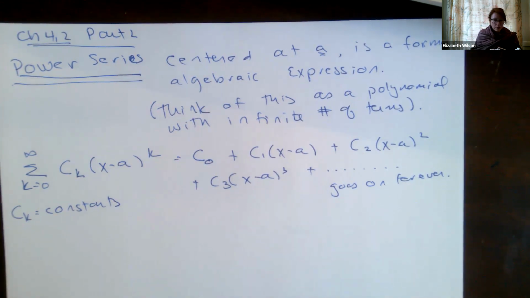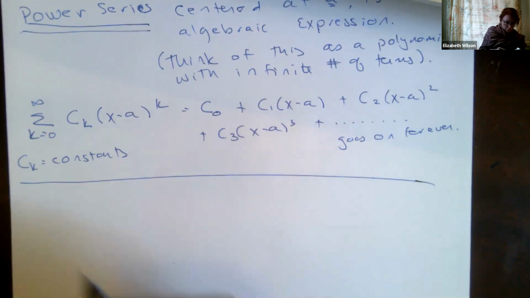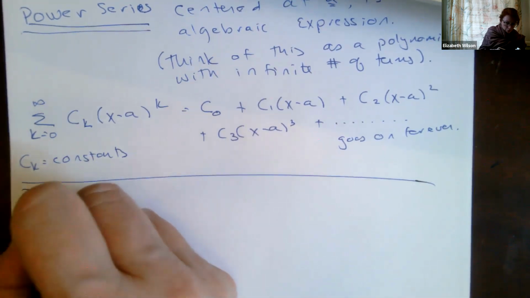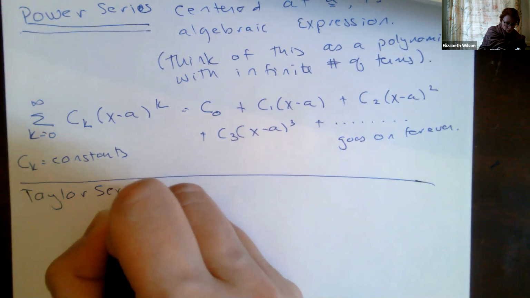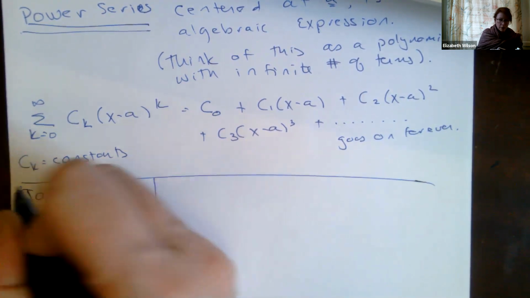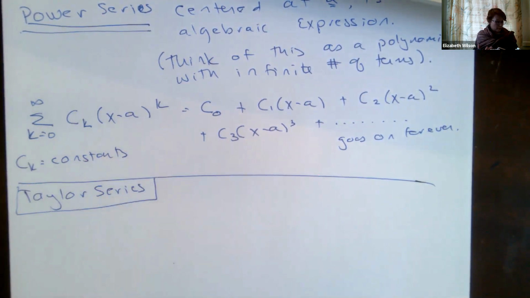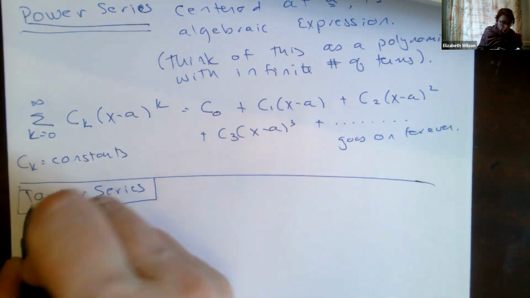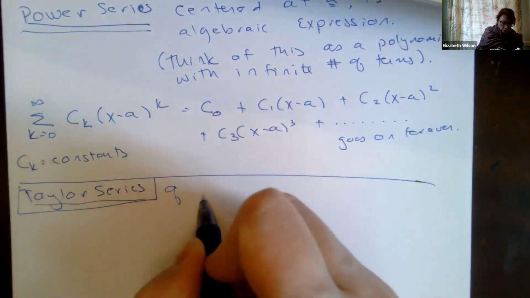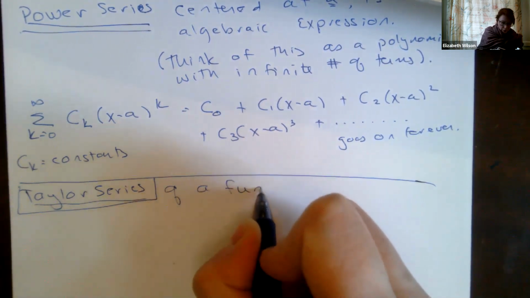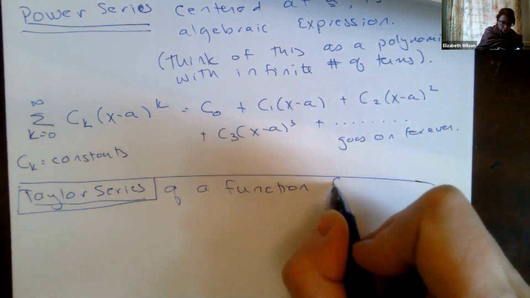All right, so let's talk about specifically a Taylor series. Very similar to a Taylor polynomial, right? Except we have an infinite number of terms. So a Taylor series of a function f of x.